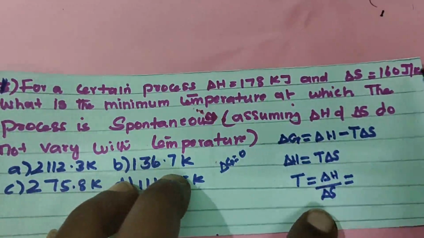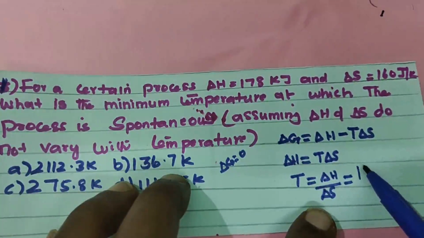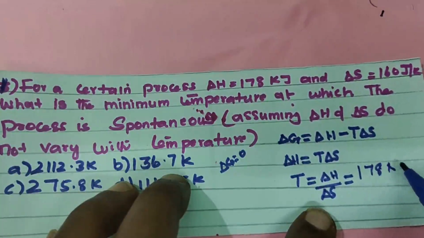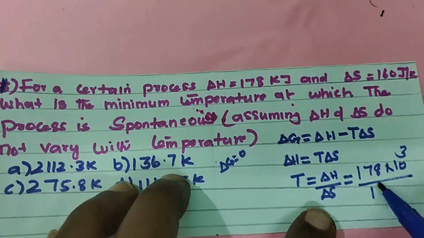Here delta S is in joule, so kilojoule is converted into joule. So 178 into 10 raised to 3 divided by delta S, 160.